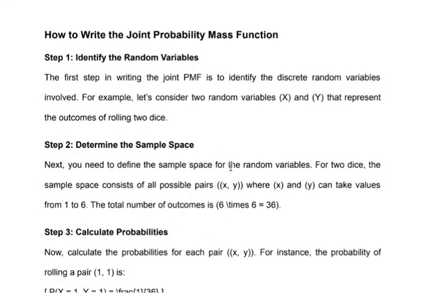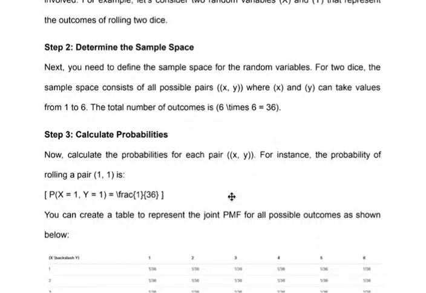Step 2. Determine the sample space. Next, you need to define the sample space for the random variables. For two dice, the sample space consists of all possible pairs (x, y), where x and y can take values from 1 to 6. The total number of outcomes is 6 times 6, which is equal to 36.